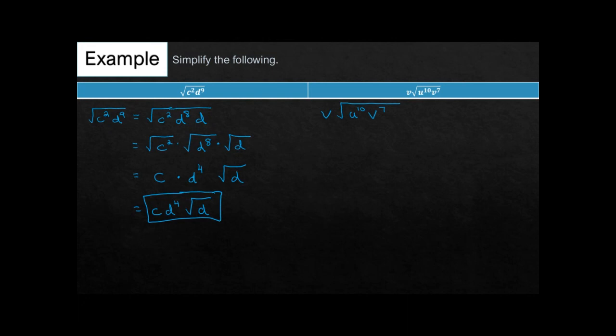So I'm going to rewrite this as v on the outside, and then I still have my u to the 10th. And I'm going to do v to the 6th times v. So I still have 7 of them there. I just took one away and moved it separately so that I can divide it by 2. So I can divide that exponent by 2.